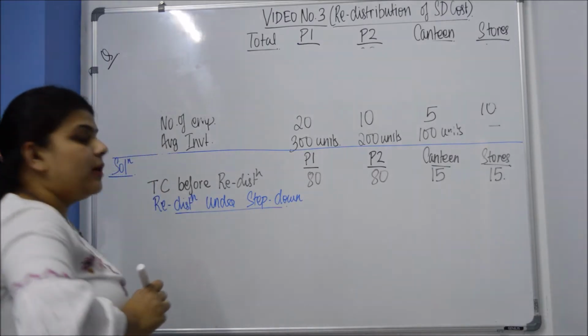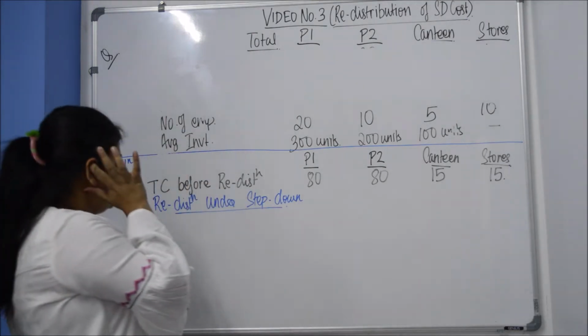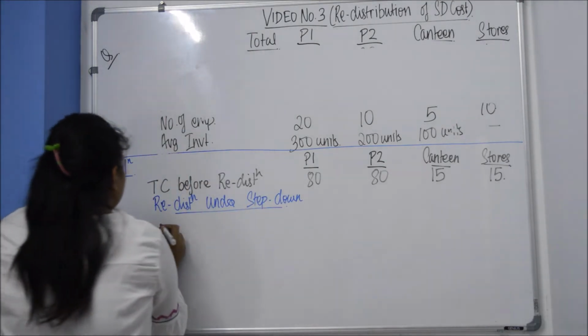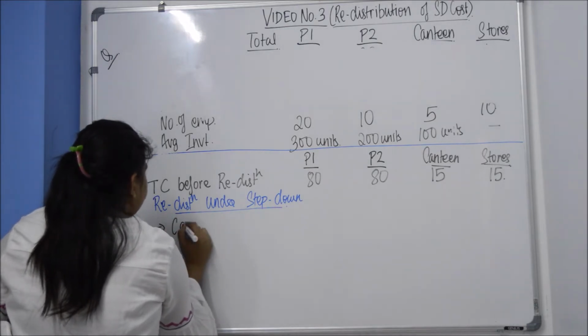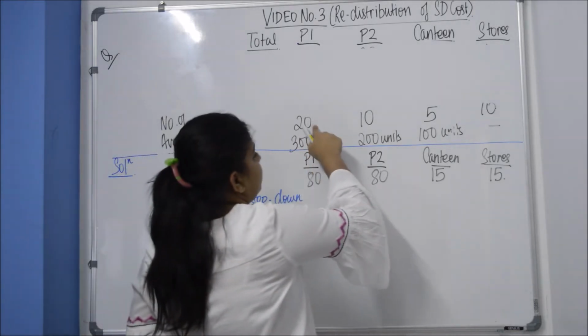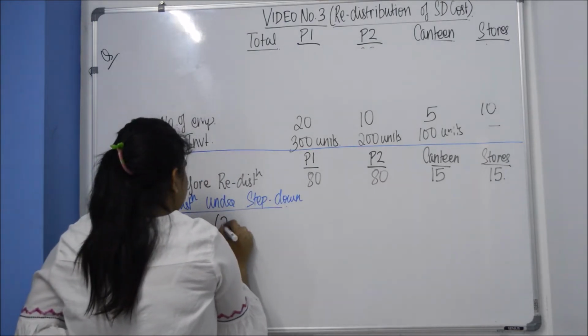Under step down method, let us take the canteen first. So, if canteen is my first department, canteen will distribute its cost in what ratio? It will divide in the ratio of 20:10:10.